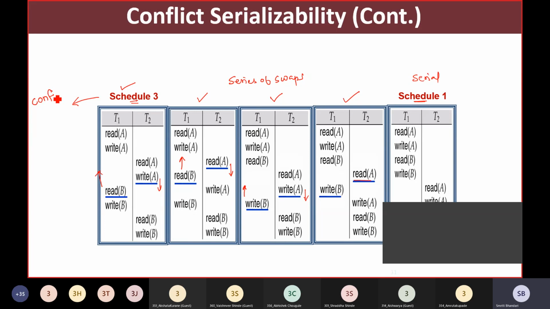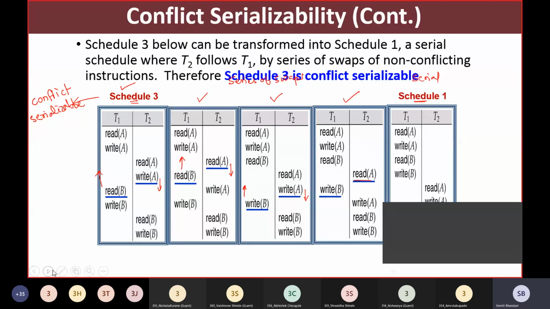We say that schedule 3 is serializable, or more precisely, that schedule 3 is conflict serializable. Why? Because it is possible to come up with a serial schedule by swapping non-conflicting instructions.